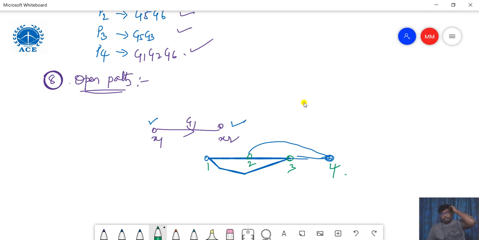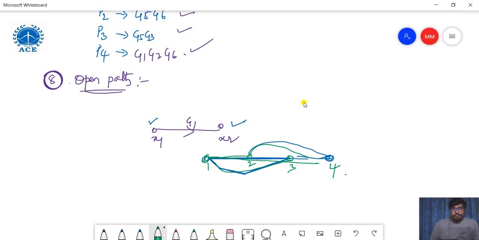So see here, an open path is nothing but a path that starts at a node and terminates or ends at another node. For example, this one moves like this and terminates at another node. It moves directly, and this one moves like this. Right, what is the definition then?